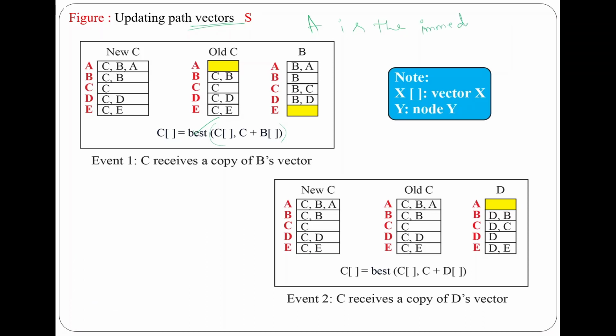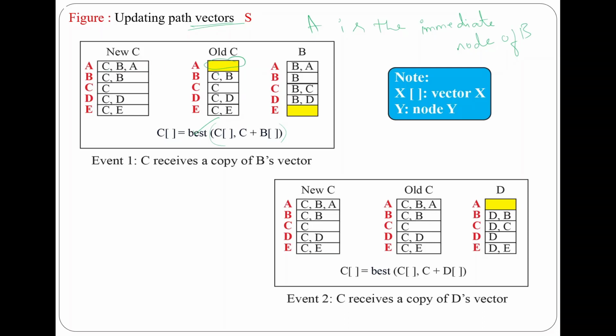A is the immediate node of B, right? So even though C is not an immediate node of A, A is the immediate node of B. Due to that, the empty entry will be filled with CBA.